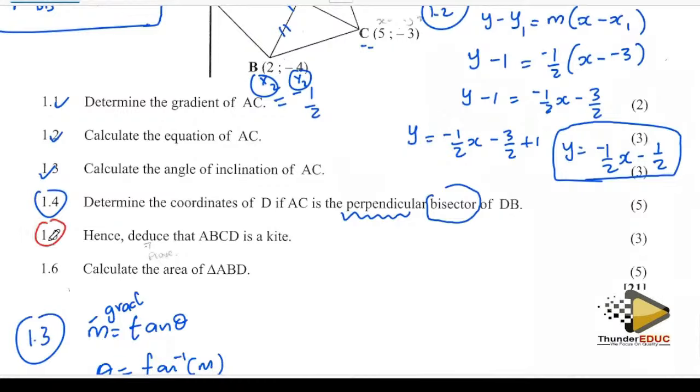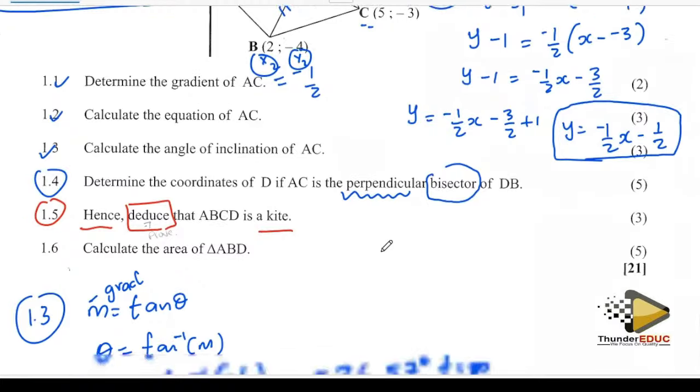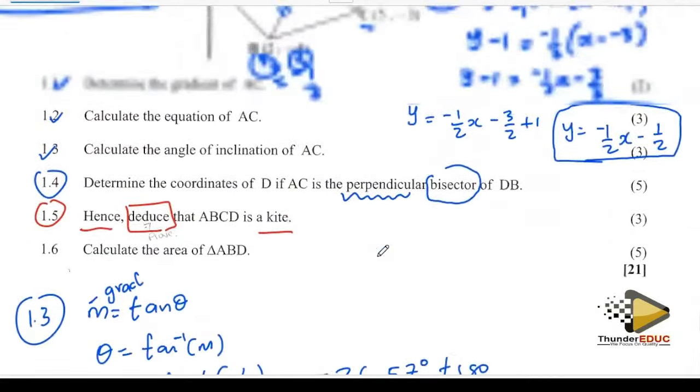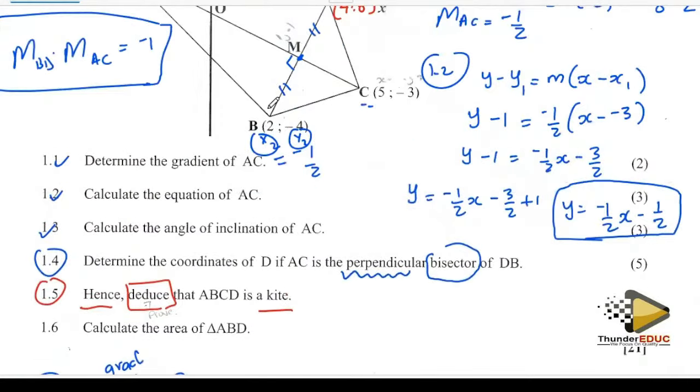Then 1.5, they're telling us to hence deduce that ABCD is a kite. So the question is not asking us what kind of shape it is. They're already telling us that indeed this quadrilateral is a kite. How do we deduce that?